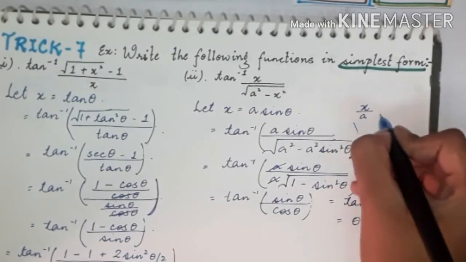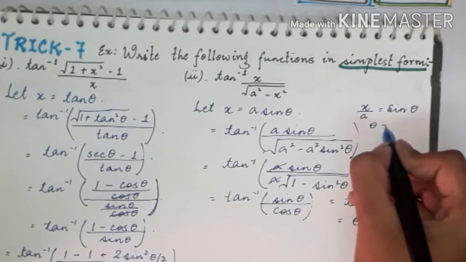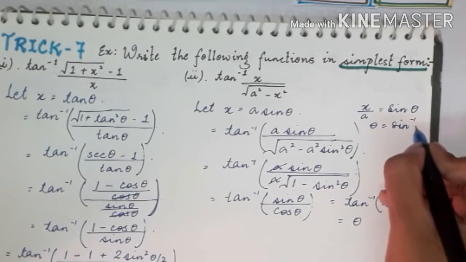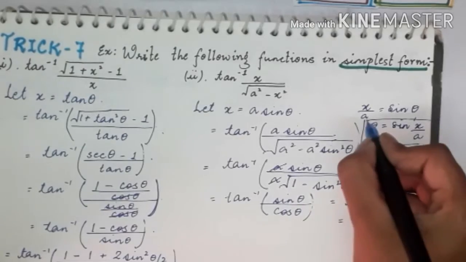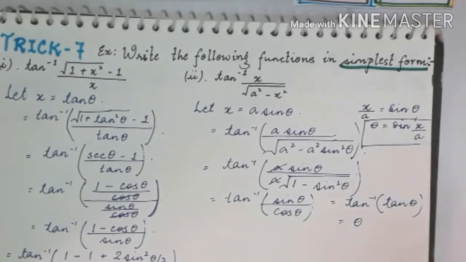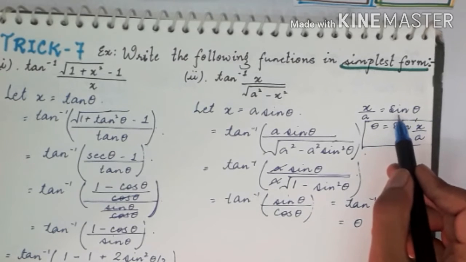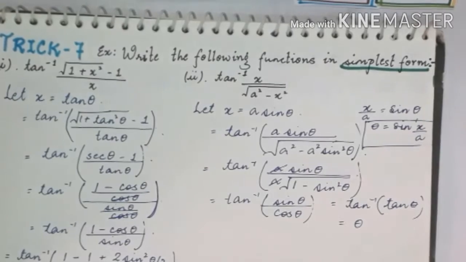X upon a is equal to sine theta. So theta is equal to, take this sine, it will become sine inverse x upon a. This is the way. Take this sine away from theta, that means from RHS to LHS, so it will become sine inverse and get attached to the LHS.